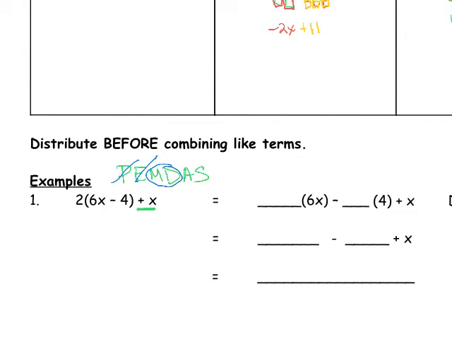Or I can look at it as 6x two times, right? And negative 4 2 times.